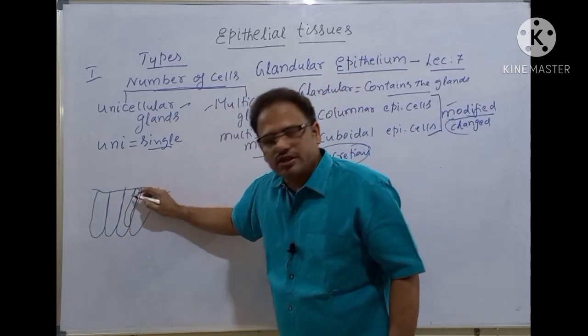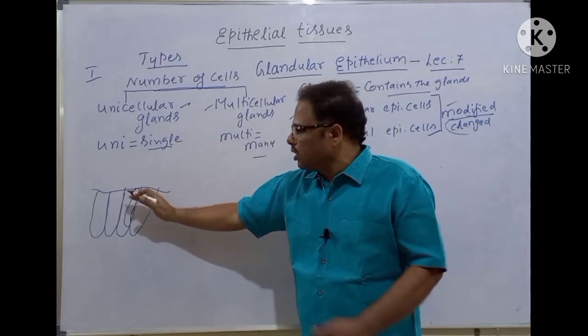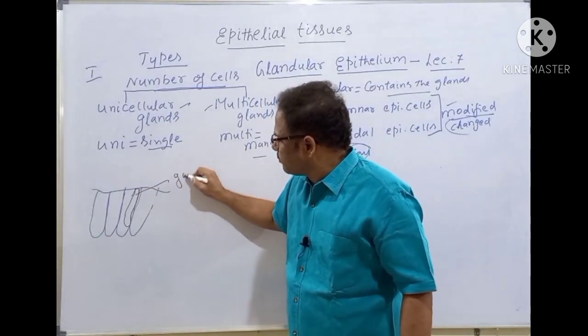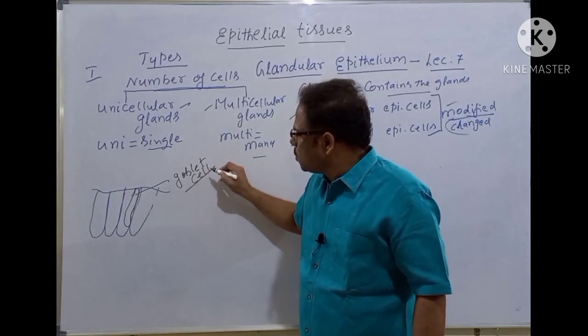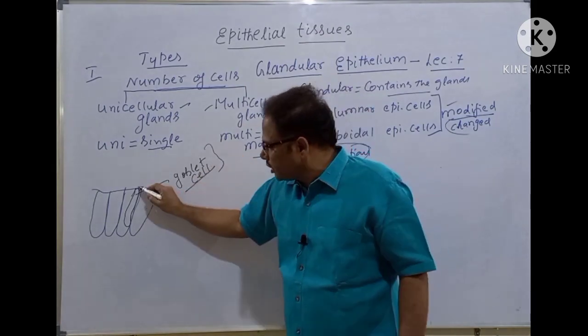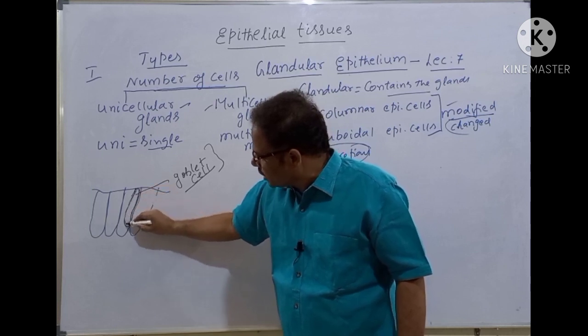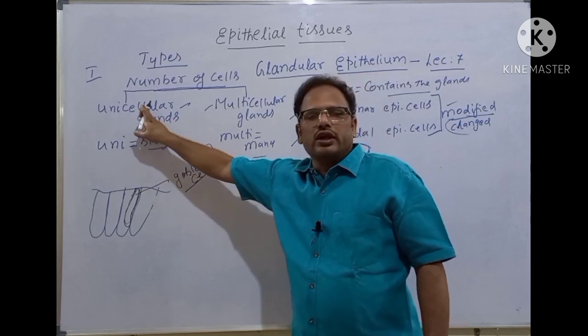In the previous sessions we had discussed, isn't it? The goblet cell is interspaced among the epithelial cells. This is only one cell, that's called a goblet cell, and this is a very good example of the unicellular glands.